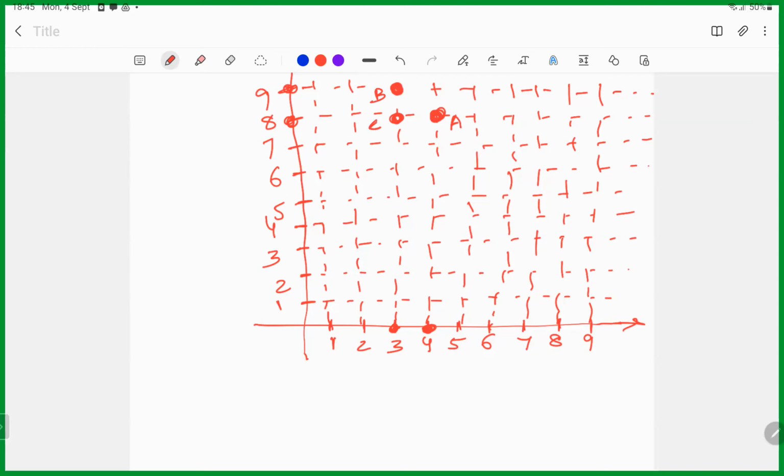Okay. Now take a D point as 1, 6. Point D. Okay. Point E is 1, 5.